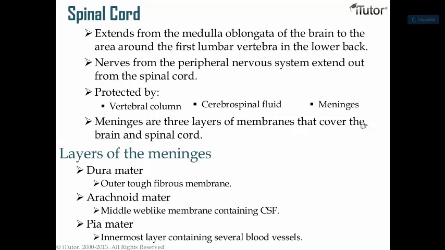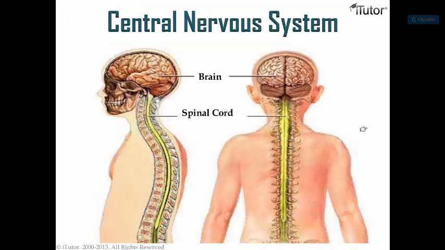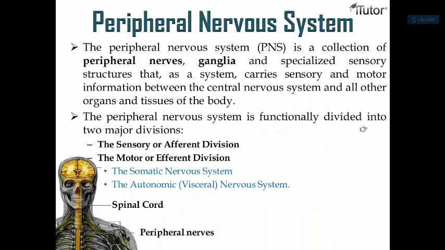So if the spinal cord is damaged, messages cannot move between the brain and the rest of the body, and this results in paralysis. The spinal cord also controls some involuntary movements, which are called the reflexes. Here is the spinal cord.